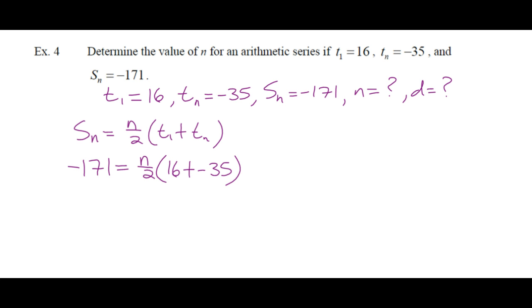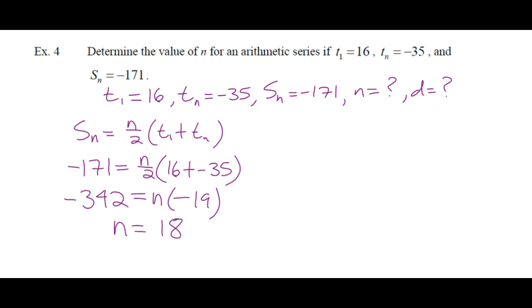So negative 342 is equal to n times negative 19. So we just got to do 342 divided by 19, right? Hope that works out. 18? Beautiful. And then what do we have to do? That's it. We're done, right?